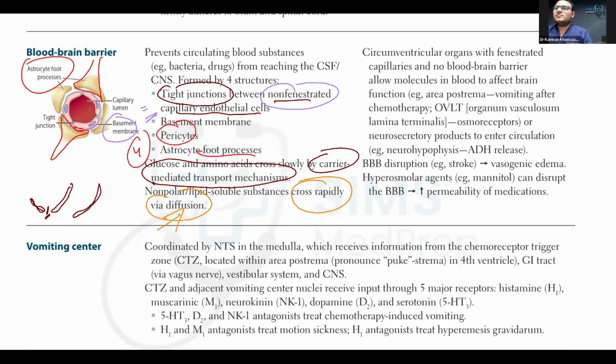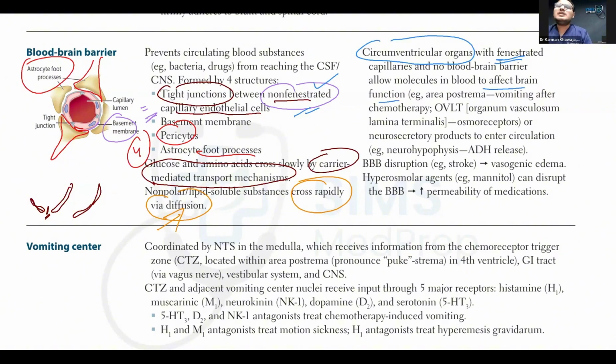These are very important because they have no blood-brain barrier, and they allow molecules to affect the brain area. These are the circumventricular organs, and they have fenestrated capillaries. We discussed that the blood-brain barrier is made by non-fenestrated capillaries, while circumventricular organs with fenestrated capillaries and no blood-brain barrier allow molecules in the blood to affect brain function.